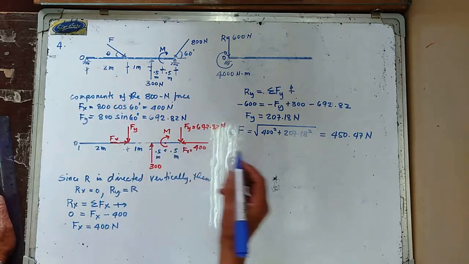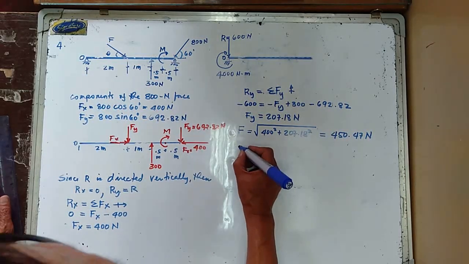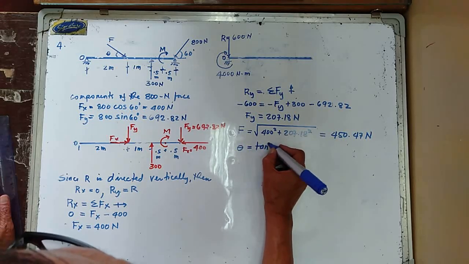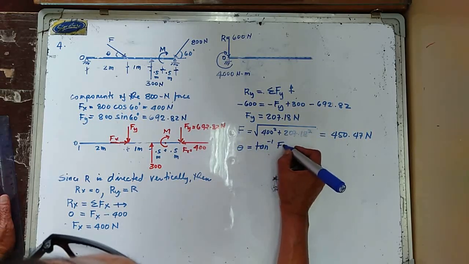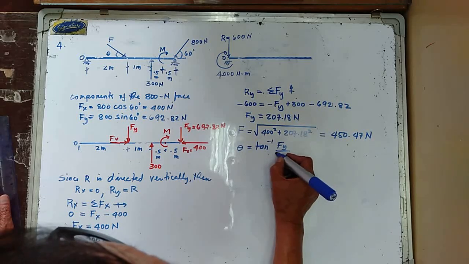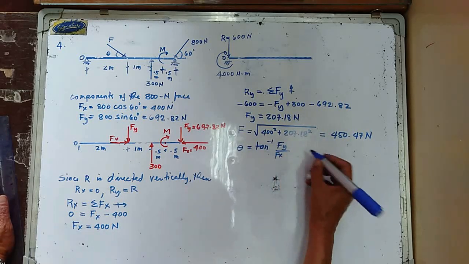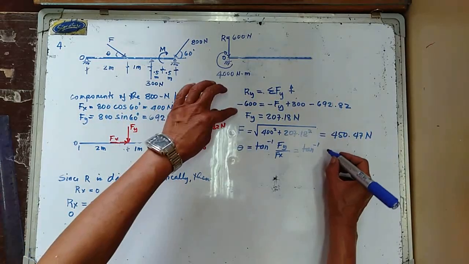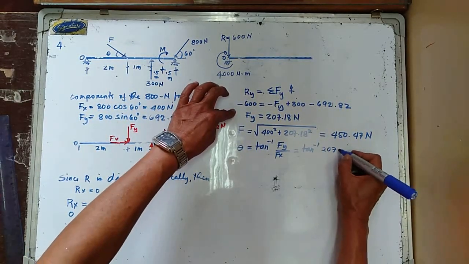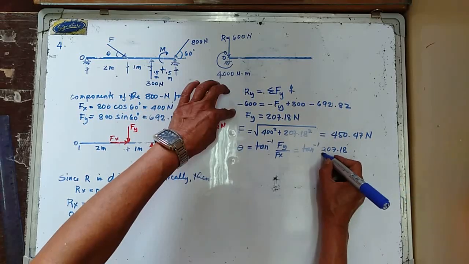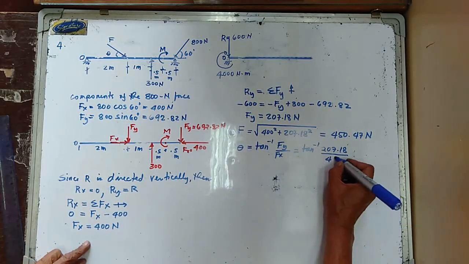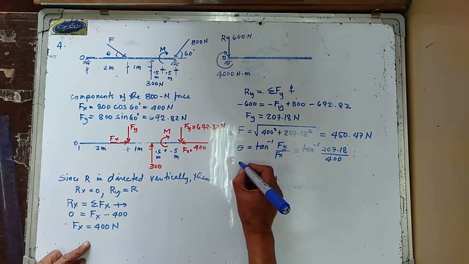Let us try again to determine angle theta. Your theta is equal to the arctangent of Fy all over Fx. So this is equal to the arctangent of Fy, 207.18, over Fx, which is 400 newtons.